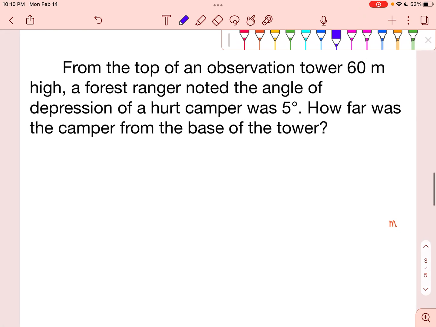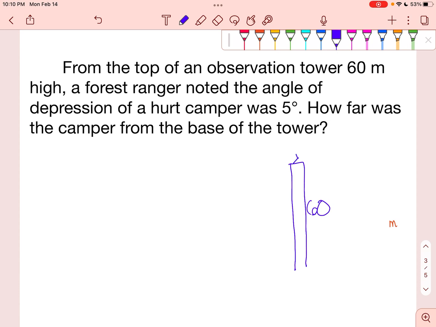So from the top of an observation tower, 60 meters high. The first thing I'm going to do is draw an observation tower, and that tower is 60 meters high. A forest ranger noted the angle of depression of a hurt camper was 5 degrees.